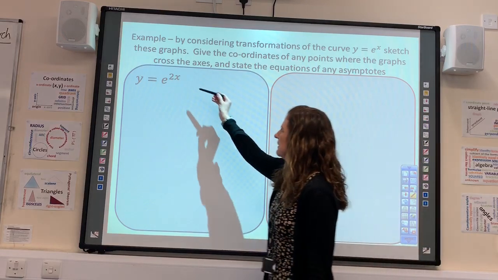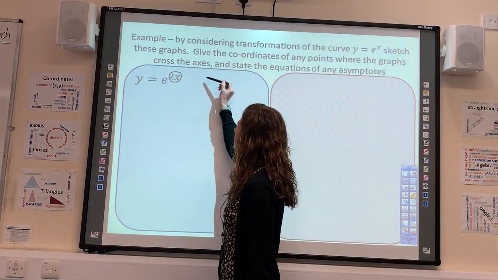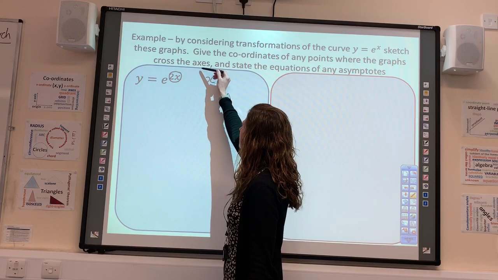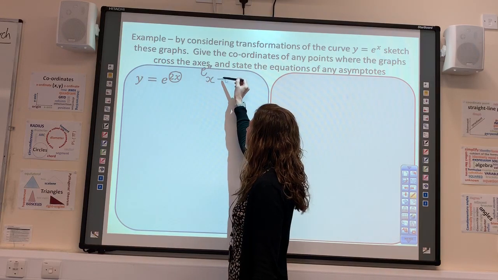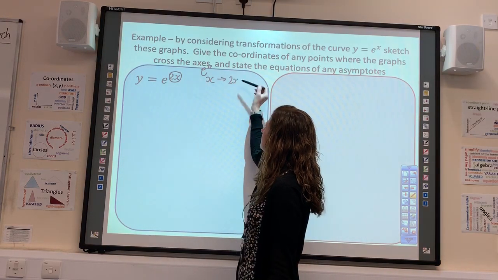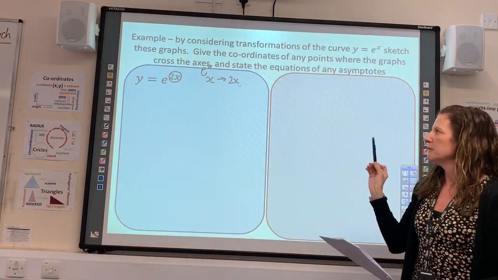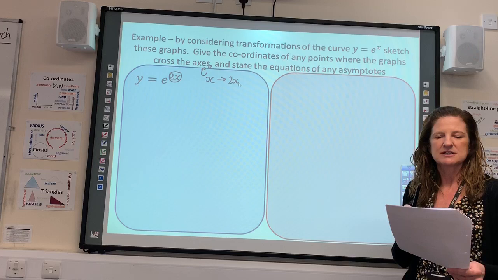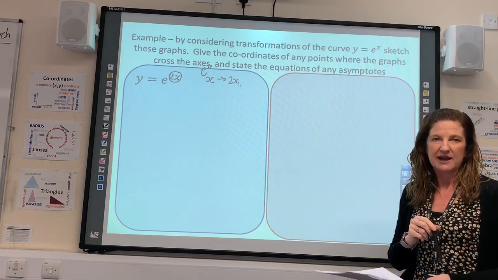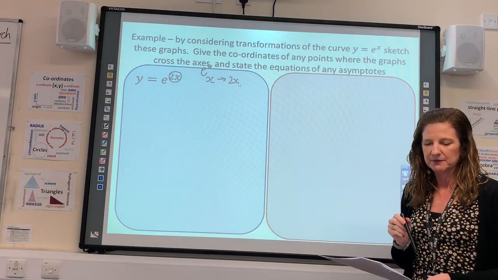If I think back to my graph transformations, what's happened here is my x from my e to the x has been replaced by a 2x. And if you think back to our graph transformations, when we replaced the x with something else, that ended up being a stretch in the x direction, okay?